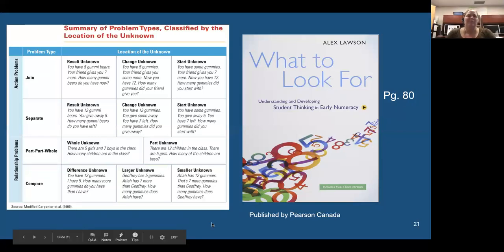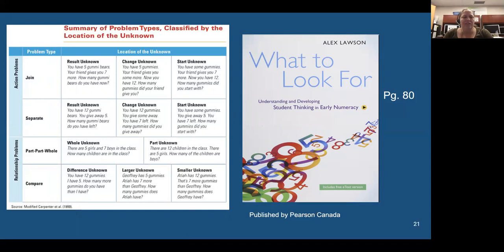The other thing that I wanted to dig into with you tonight, just a little bit, is the notion that there are actually a lot of different types of problems that we can pose. In the research, they've categorized problems for addition and subtraction into 11 categories.